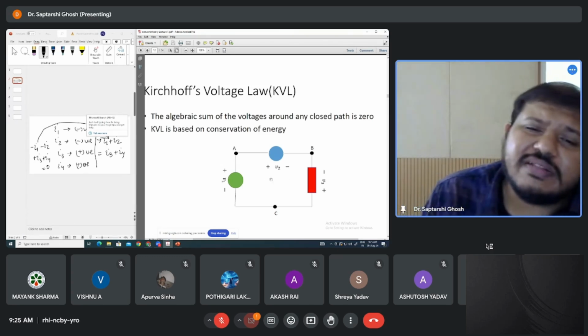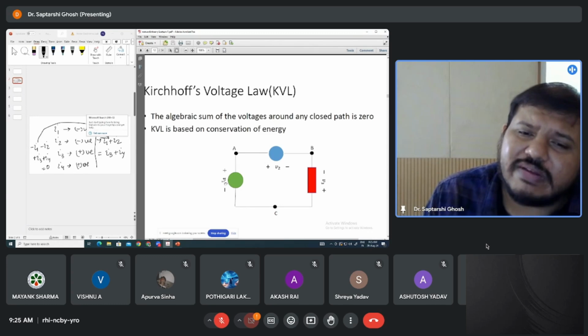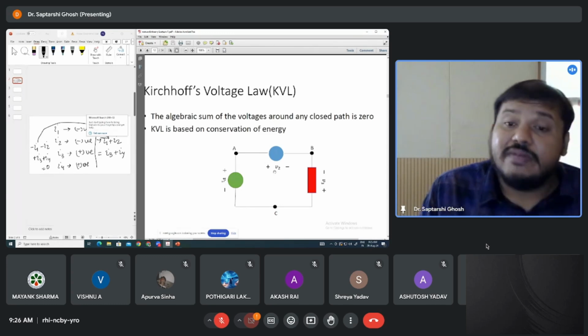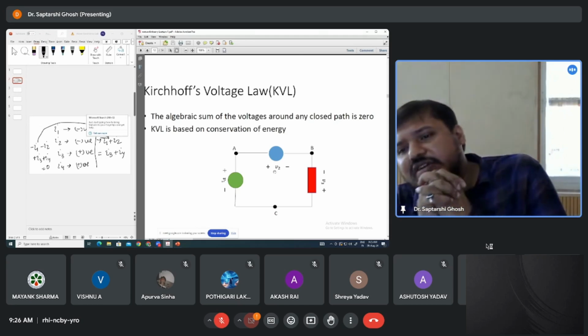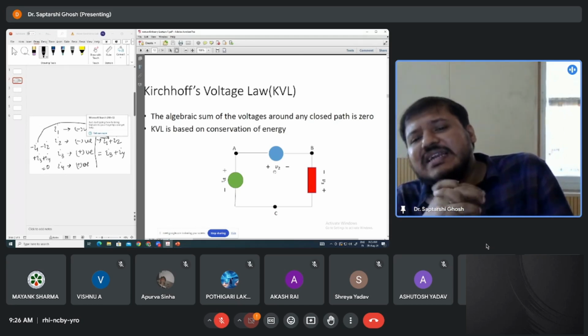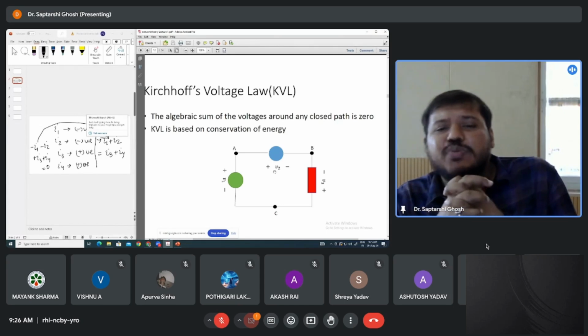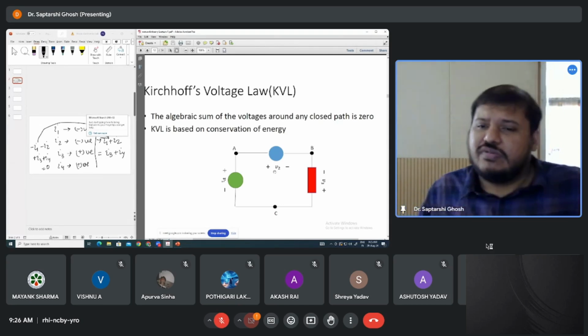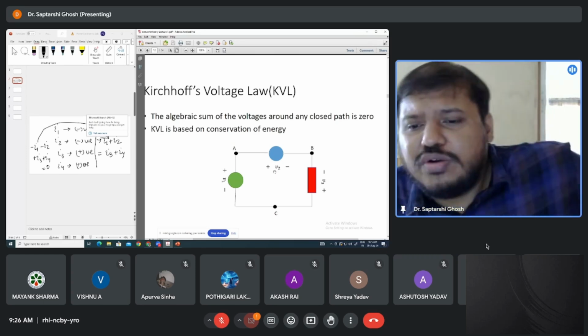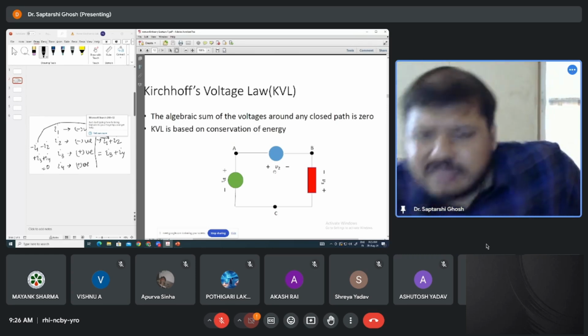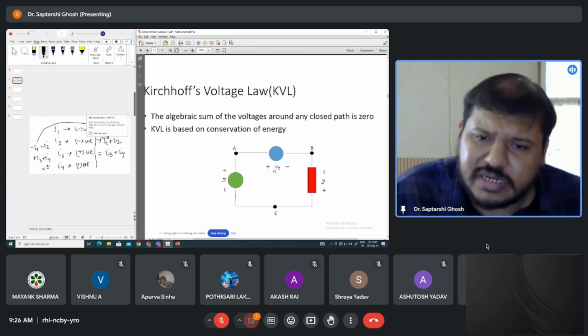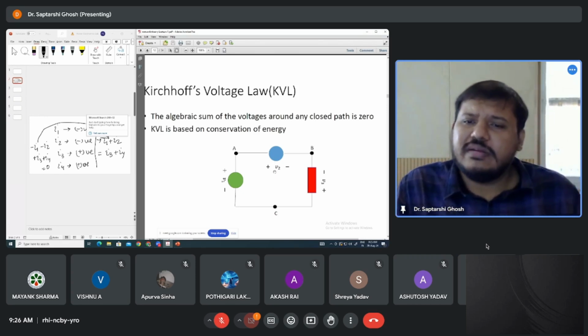You are seeing that there are various voltages given: V1 across this green element, V2 across this blue element, V3 across this red element, and their polarities are given, like which side is positive and which side is negative. Nodes are also mentioned, A, B, C. These are the three nodes, interconnections of two elements here.